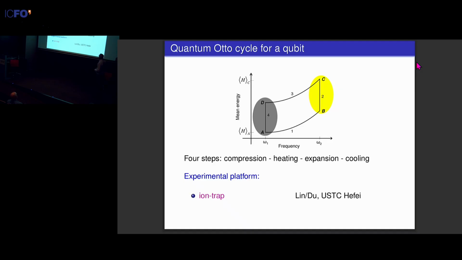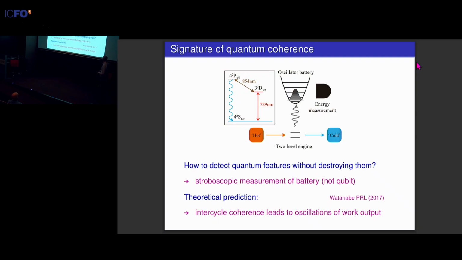The experimental platform that I'm going to present is a trapped ion system. And the experiment was actually done in the group of Yiheng Lin at USTC in Hefei. So that's the basis of the talk. What you see here now is a sketch of the experiment. You recognize here the two-level system, which is going to be the working medium of my machine.